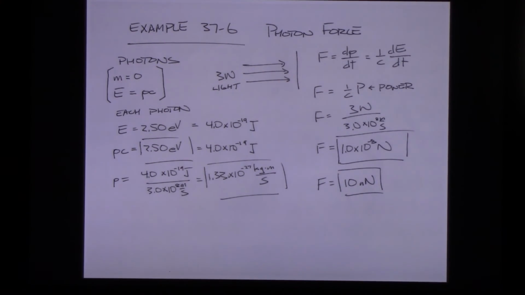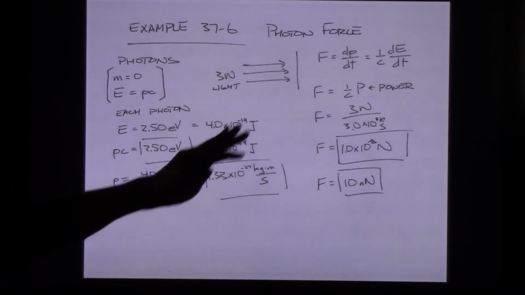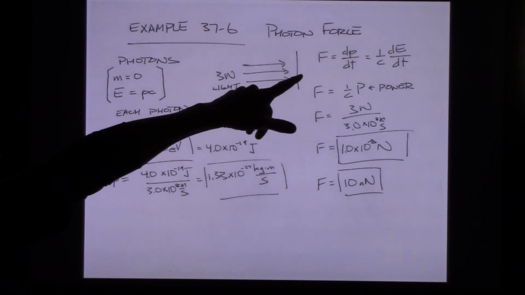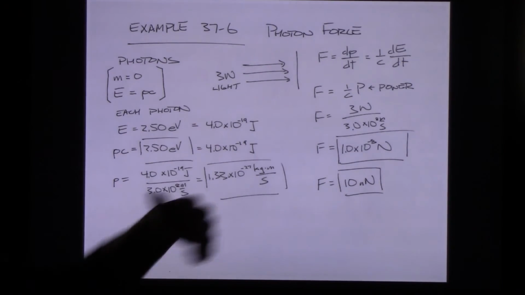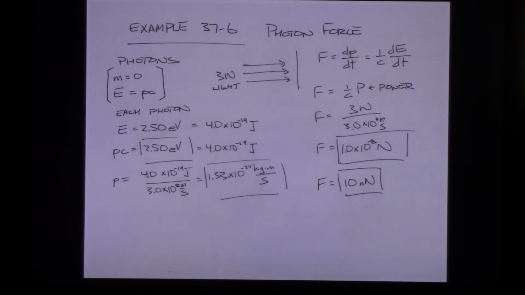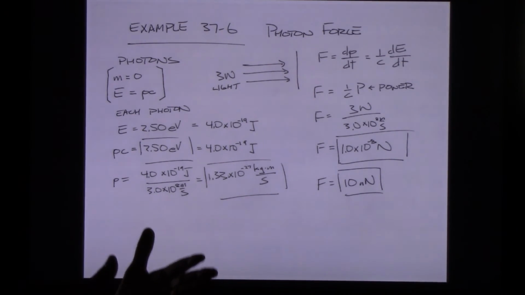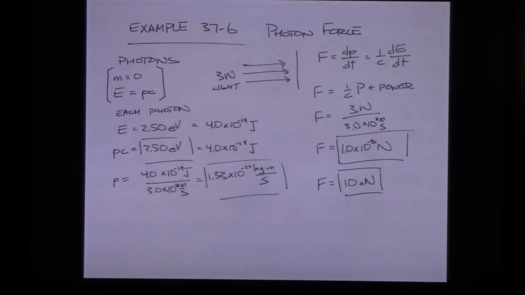Now to calculate the force, we got the momentum calculated. What we want to do is say that the force is the rate at which momentum is being transferred, or the rate of absorption of momentum. Now I got this black piece of paper and I got all these photons shining on it.